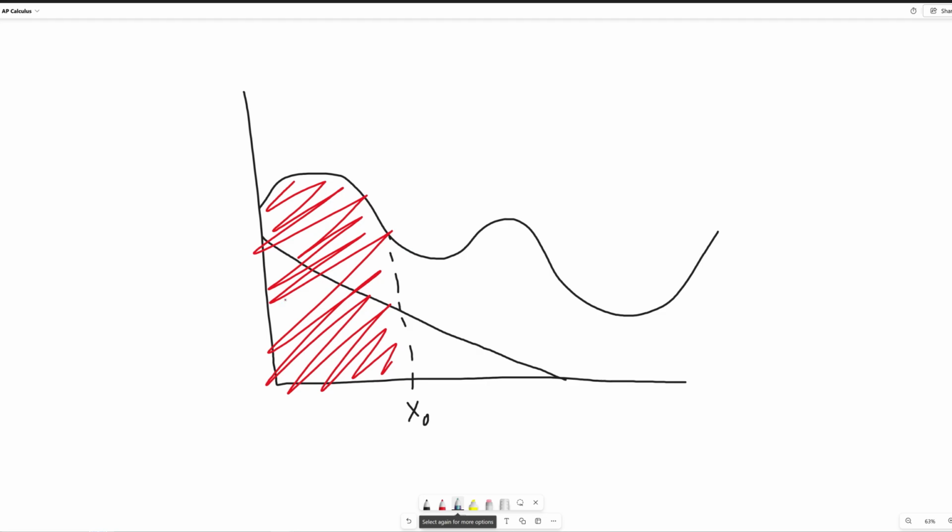And then subtract this area from it, which is just the integral of this function on that same interval. It makes sense because if you have all this area and then you take away just the area under this, you're left with just the area above this curve but below this curve.